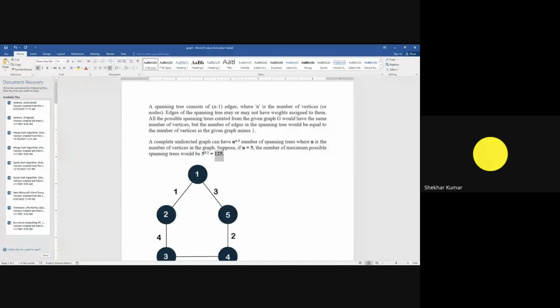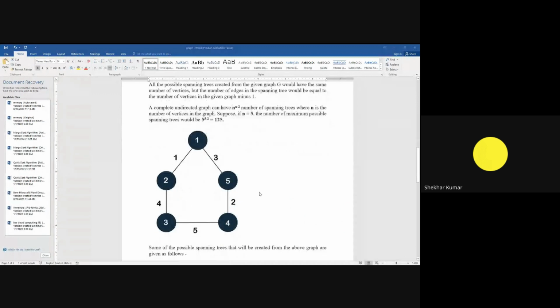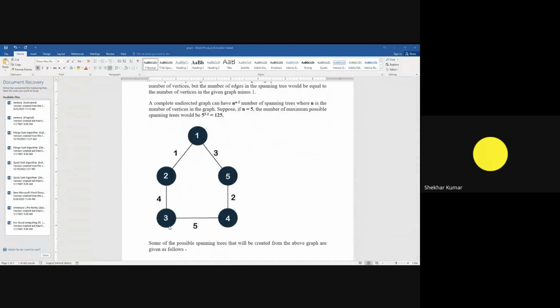For example, this is a graph in which there is a cost from 1 to 2, that is 1. There is also a cost 3, 5 to 4 is 2, 2 to 3 is 4, 3 to 4 is 5. Now I want a spanning tree which covers all the vertices.